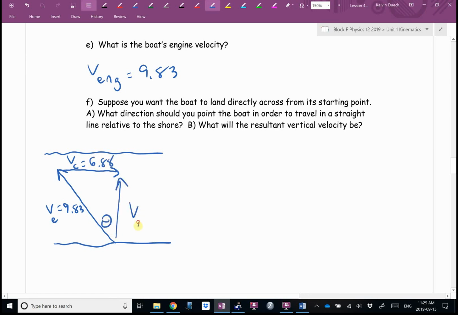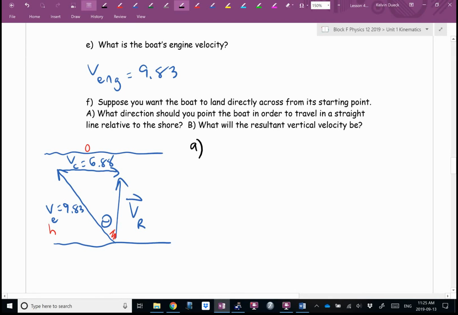Theta goes right there. Opposite over hypotenuse. It's sine this time. It doesn't always have to be sine. It all depends on how I flipped this diagram and what information I gave you. Could be cosine, could be tangent. In this case, it's sine.